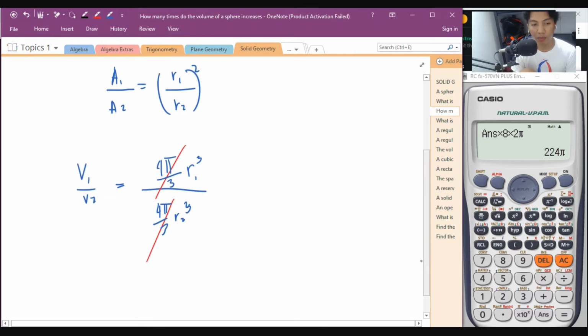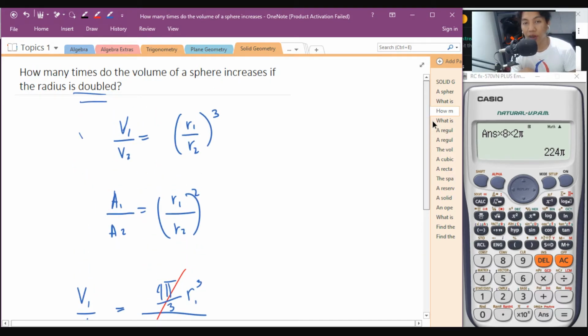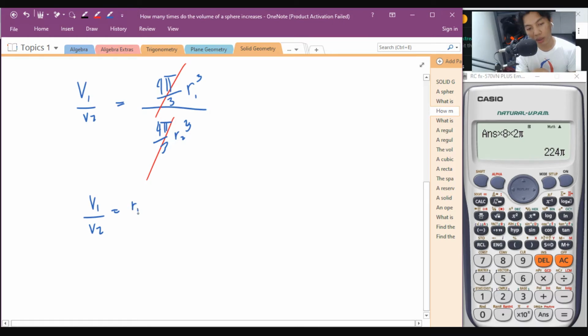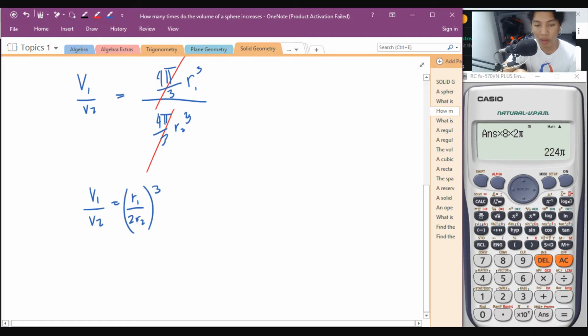Now, we can solve for the volume. So, volume 1 over volume 2 equal to. So, ang sinasabi dito, if the radius is doubled. So, R1 over twice nung R2. Kaya lang to naka-cube. Parehas. Di equal to. Itong R1 equal to R2.